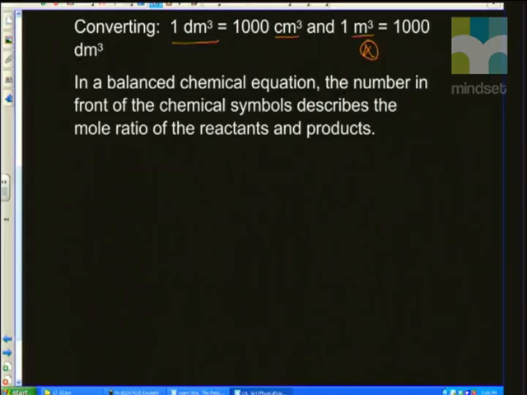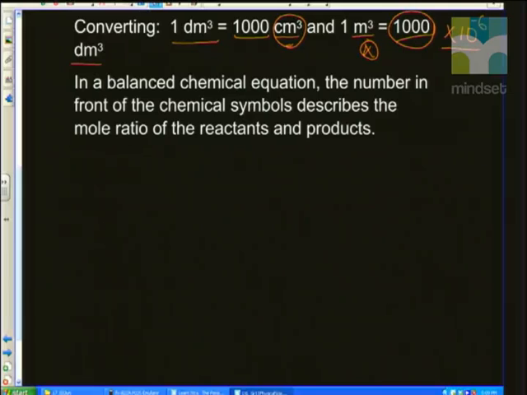So how do we convert? 1 cubic decimeter equals 1,000 cubic centimeters, and 1 cubic meter is 1,000 cubic decimeters. That would mean that if I am to move from cubic centimeters to cubic meters, I'll have to multiply by a factor of 10 to the power minus 6, in other words, dividing by 1,000,000. So that's what it means there.